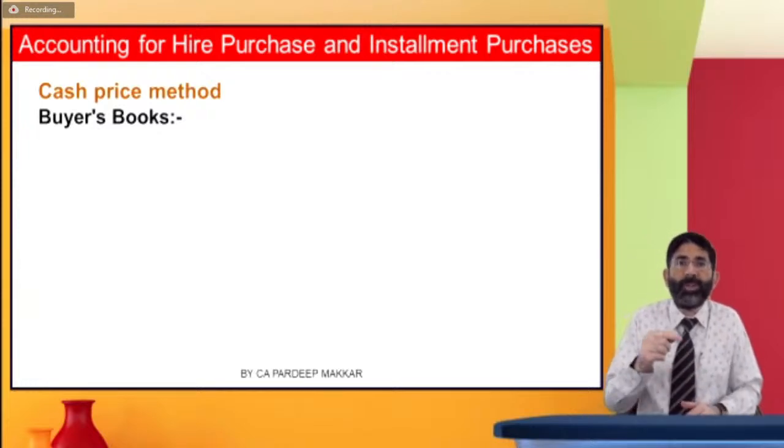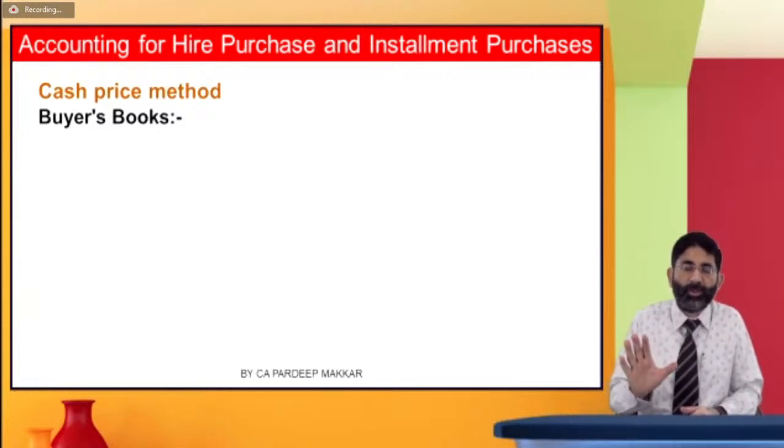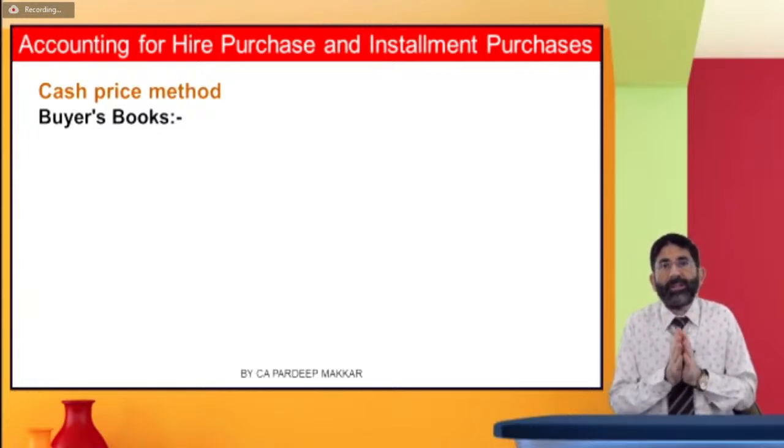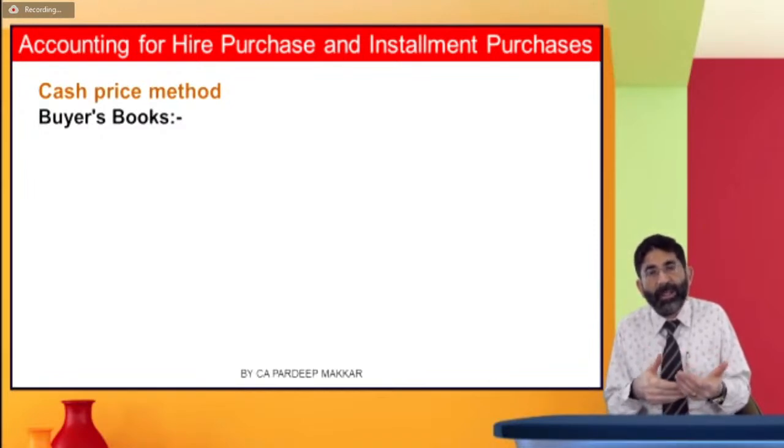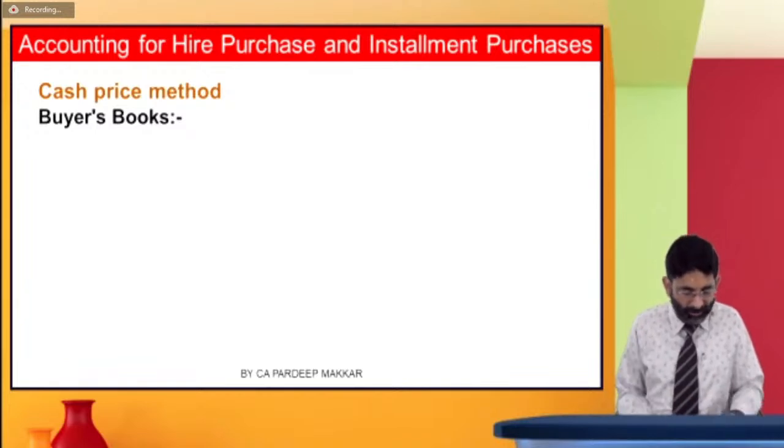Don't see from the module and tick it. That is not required. You can only clear CA exams if you are preparing your notes, doing more and more questions by your own hands, doing more and more practice, trying to understand the concept and applying those concepts practically. So buyer's books are there.